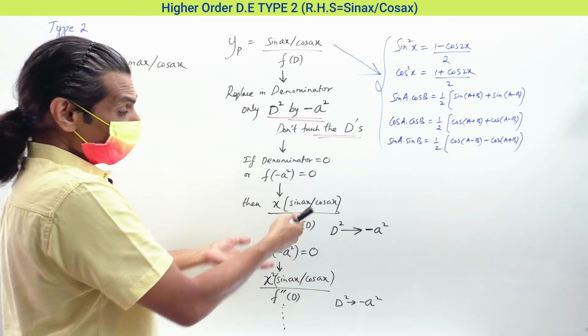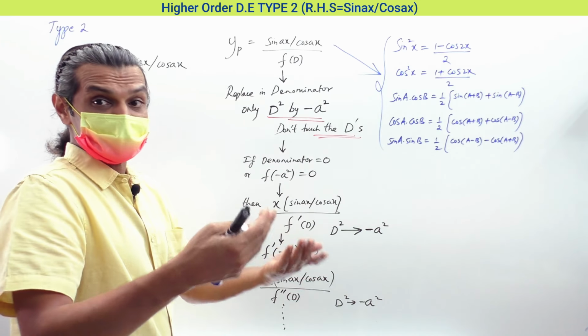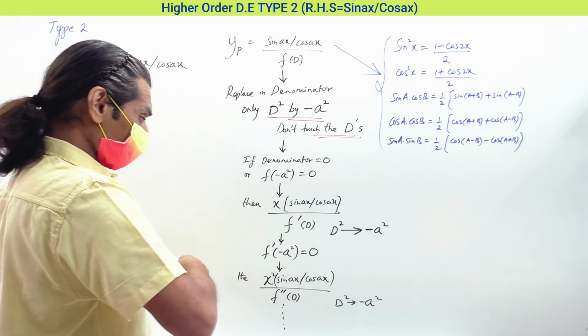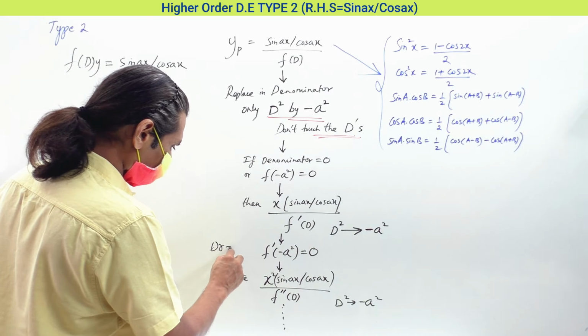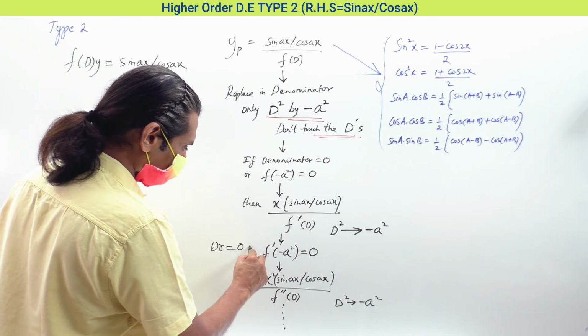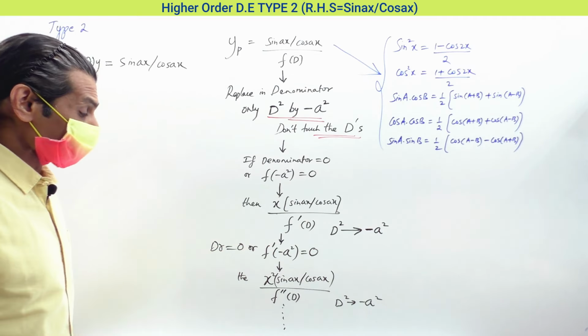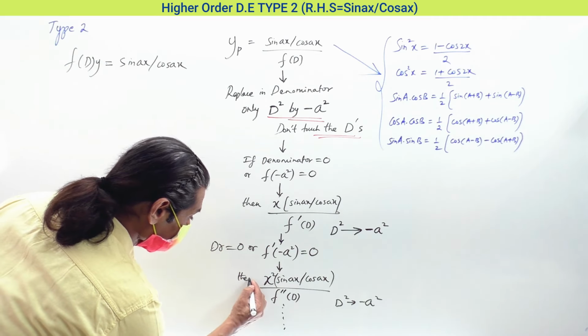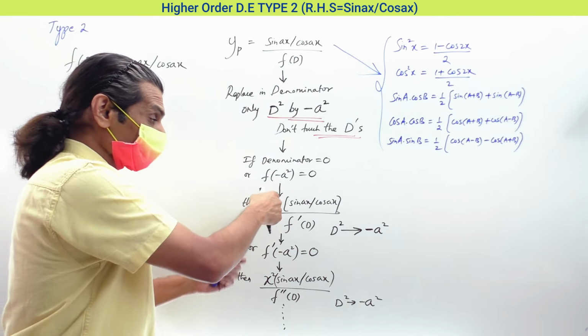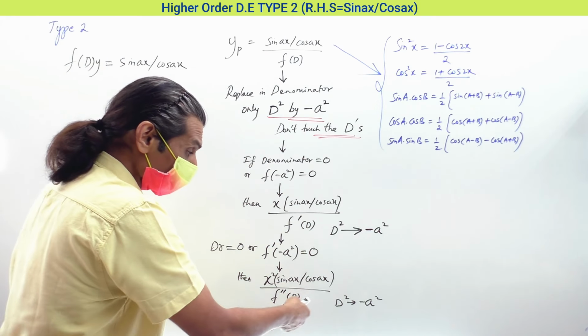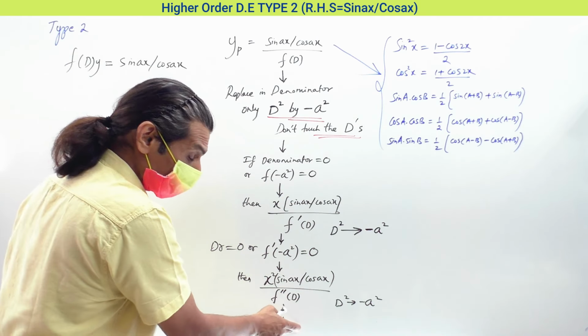Again you check. If f of minus a square is 0, or f dash of minus a square is 0, then again multiply the numerator by x. It was x here, now x square, sine x or cos x, upon the double differentiated denominator.